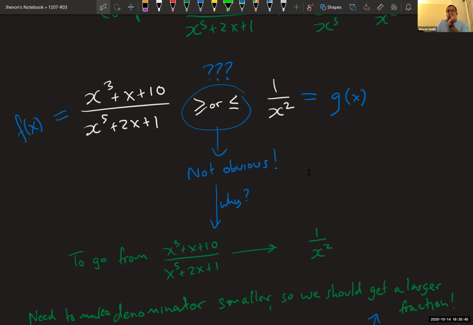I wouldn't think of 1 over x cubed as behaving similarly to this given function. 1 over x squared would behave similarly. But then you would know if it's greater or smaller, so you could do the comparison. You would know for sure that 1 over x cubed is greater?